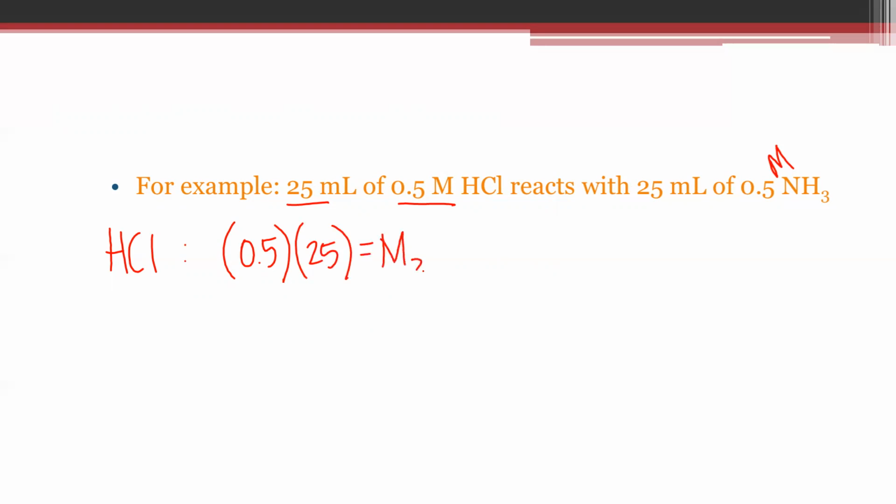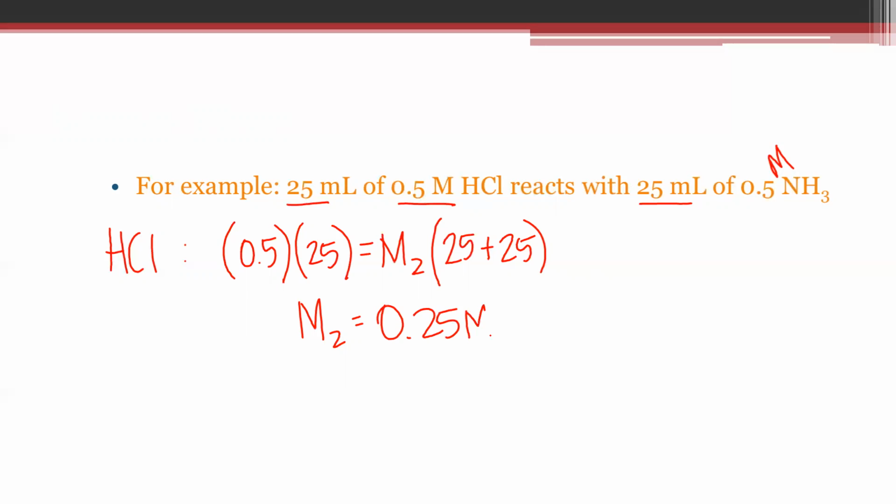And so we're determining what the new molarity is after it has slightly been diluted when it has first been mixed with the 25 milliliters from the other solution. So for V2, we take the two volume amounts and add them together. So 25 plus 25 is really 50, okay? So then when you solve for M2, you get 0.25 molar.